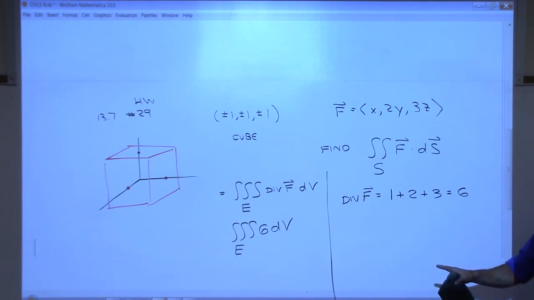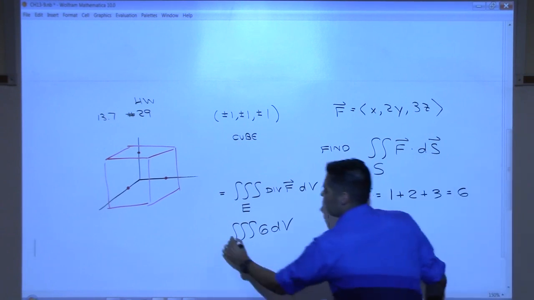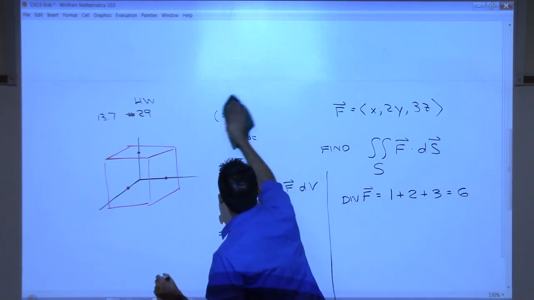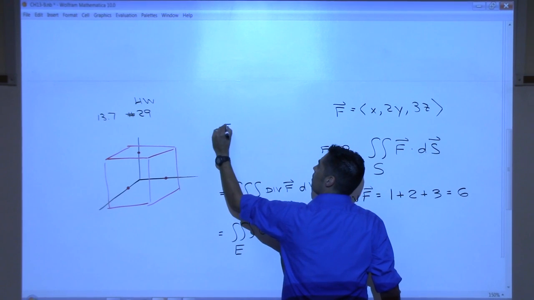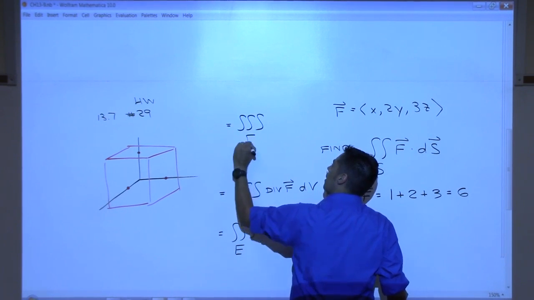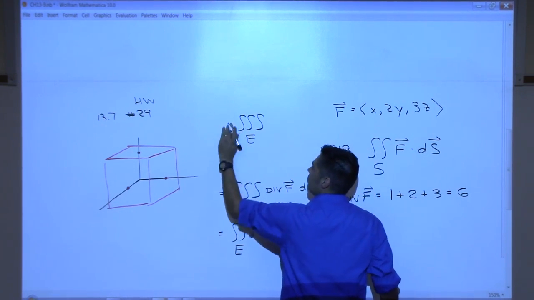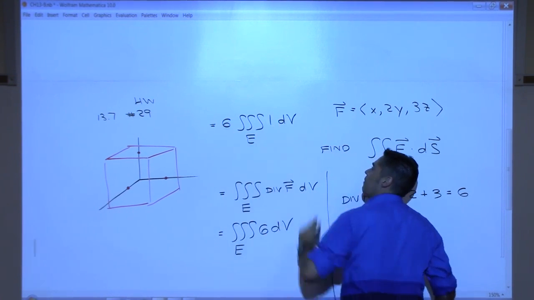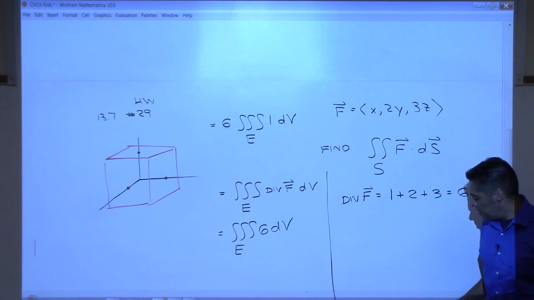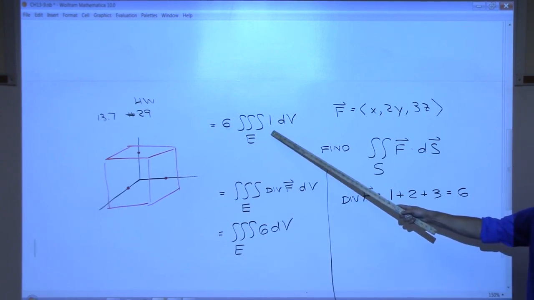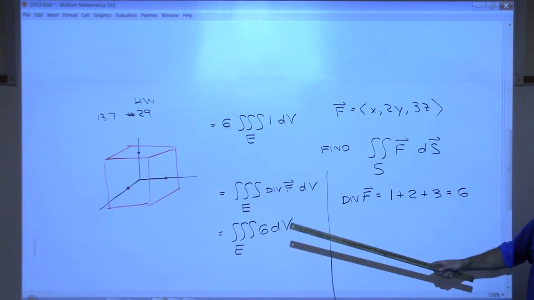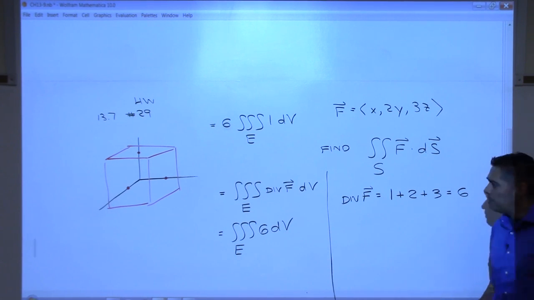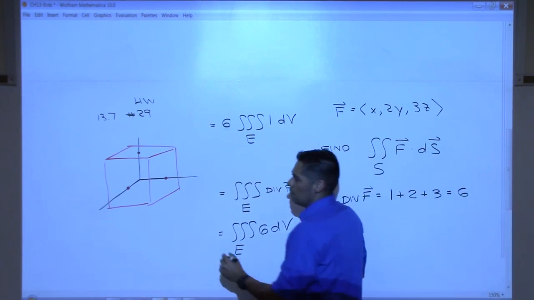And I can pull the 6 out, and that becomes 6 times the triple integral over E of 1 dV. And that just means the volume of E. And what's the volume of this cube? Be a little careful here.